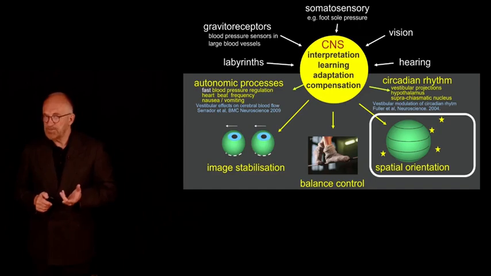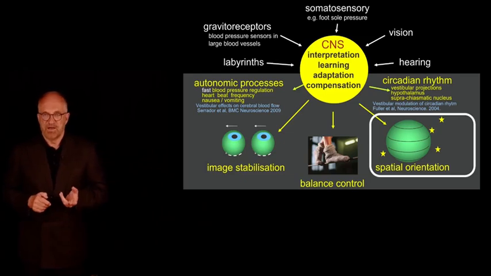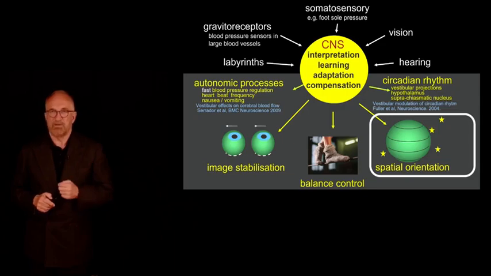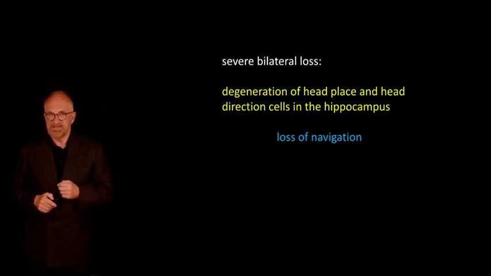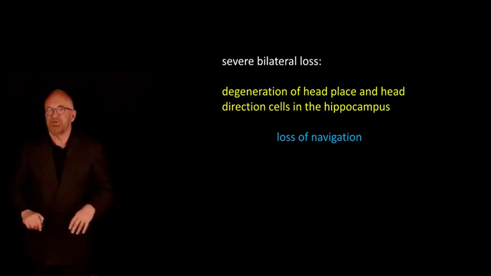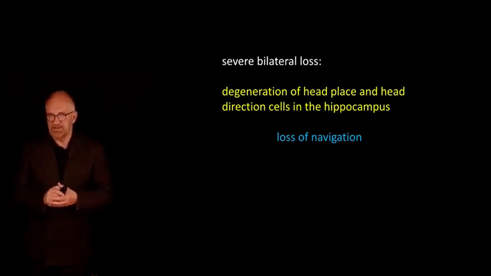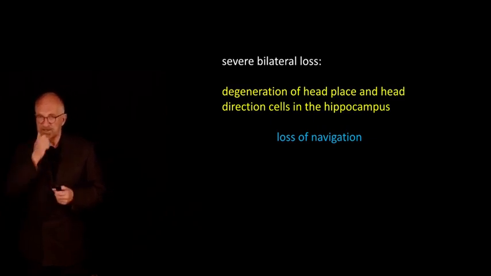Now we have spatial orientation. There are many factors that affect spatial orientation, and one of them is severe bilateral vestibular loss. We see that there is a degeneration of head place and head direction cells in the hippocampus, a loss of navigation. What does that mean? Well, it means that your memory for navigation is impaired.